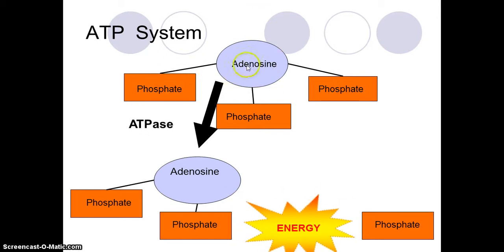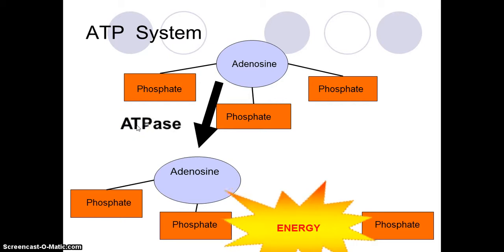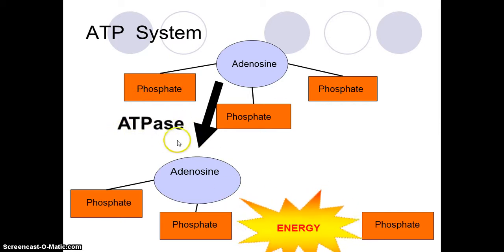Adenosine triphosphate. We've got one molecule of adenosine, and then we have our 1, 2, 3 phosphates. The introduction of this ATPase, and that's an enzyme. Anything ending in ase tells us it's an enzyme.